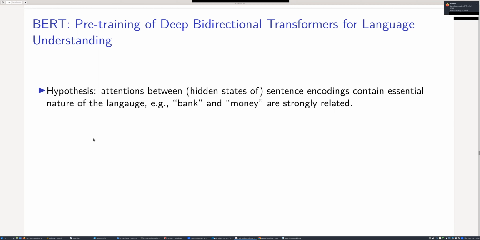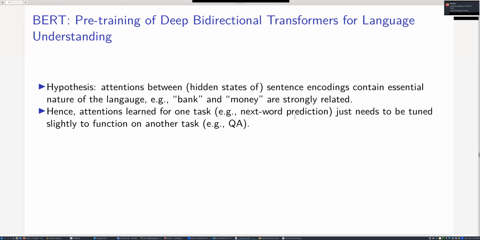So BERT is based on a hypothesis that the attention, which is the attention between sentence encodings, contains the essential nature of knowledge. For example, we know that the bank and the money are always strongly related, okay? And therefore, the attention learned for one task just needs to be tuned slightly to do another task, okay?